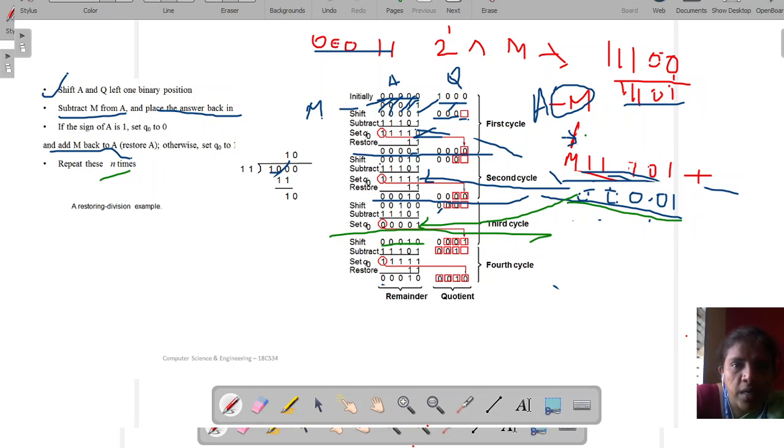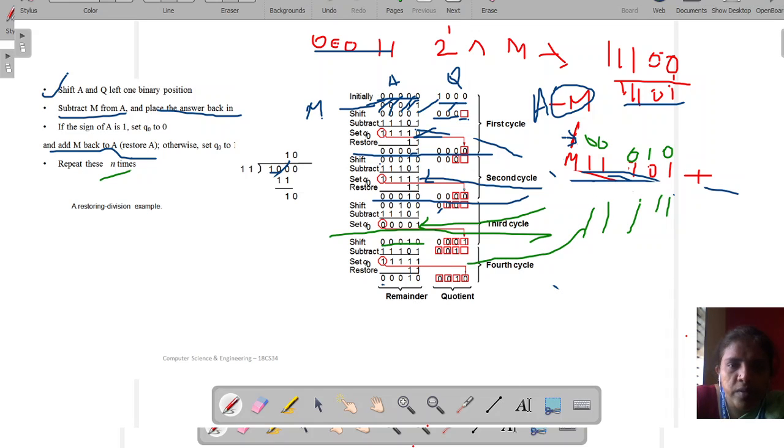And what is A? Triple zero and 10. What is the result you are getting? All ones, which is given here.